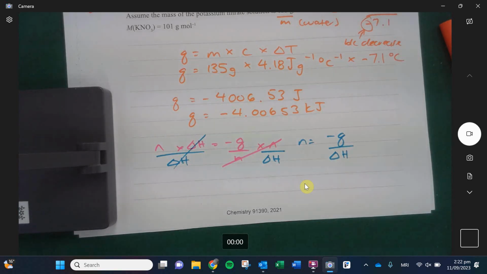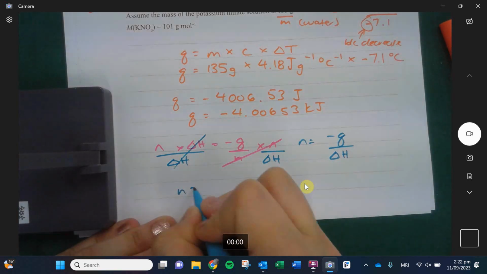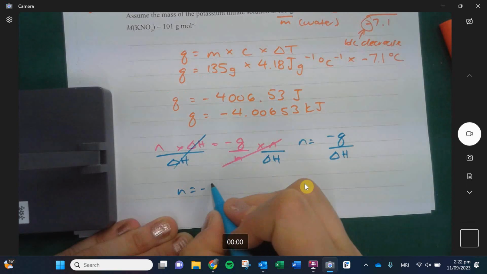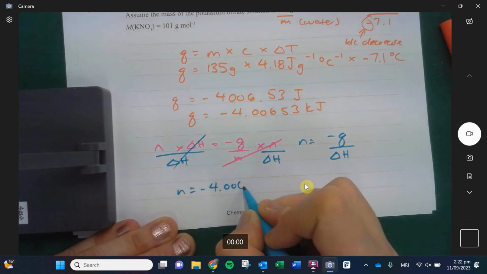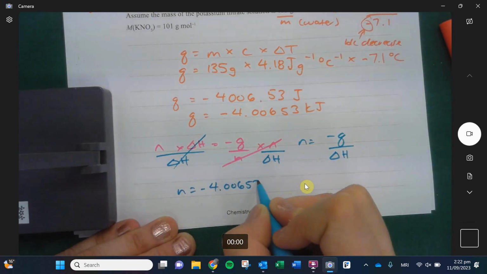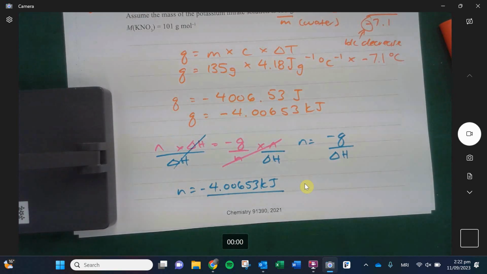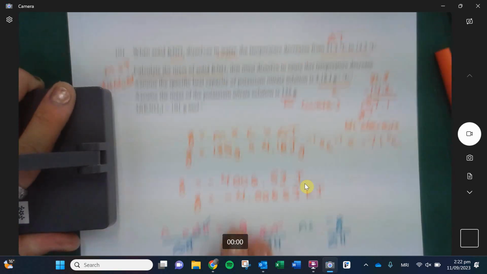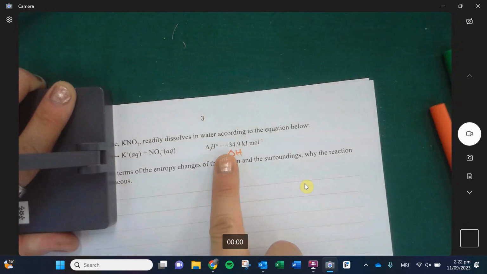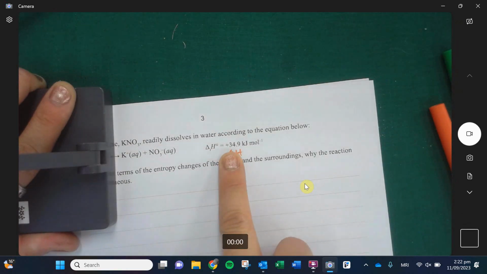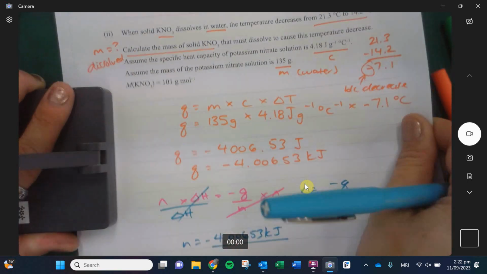Now we just plug in our numbers. So N equals negative 4.001653 kilojoules. I personally like to keep it unrounded till the very end. We divide by our delta H, which was given up here, 34.9.